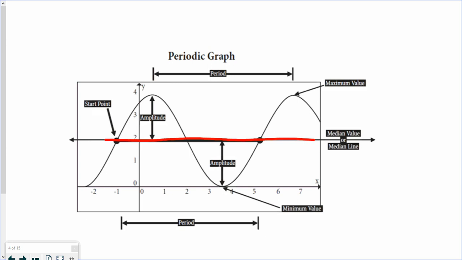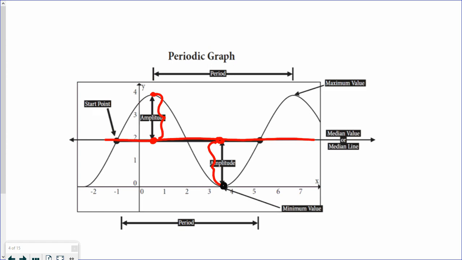And so what we'll see is that the graph will go the same amount above and below the median line, and we call that the amplitude. So that's the amount above and below. And again, the amplitude from the top to the midline and from the midline to the bottom will be an equal amount.